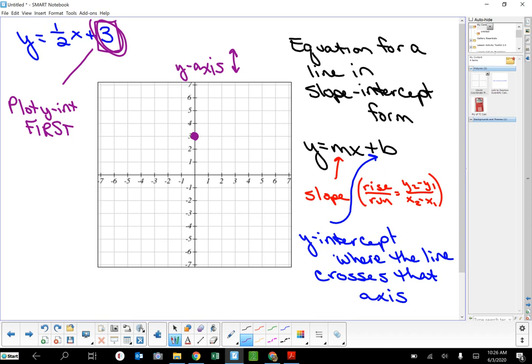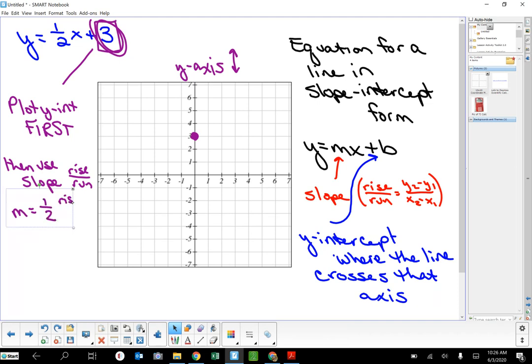And then you use your slope, 1/2. Remember, slope is rise over run. So if our slope is 1/2, that means I'm going to rise 1 and then run 2.